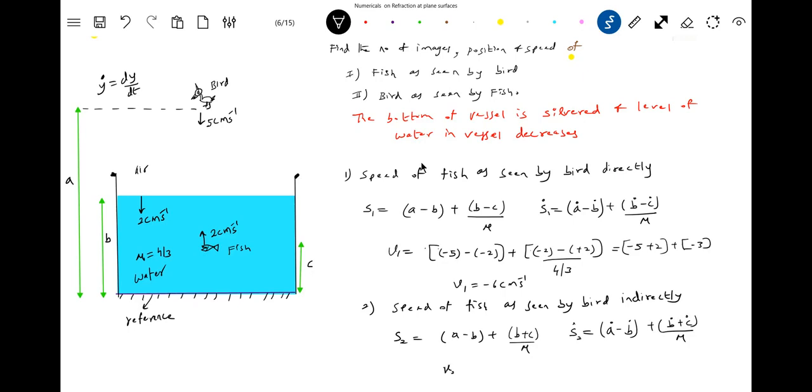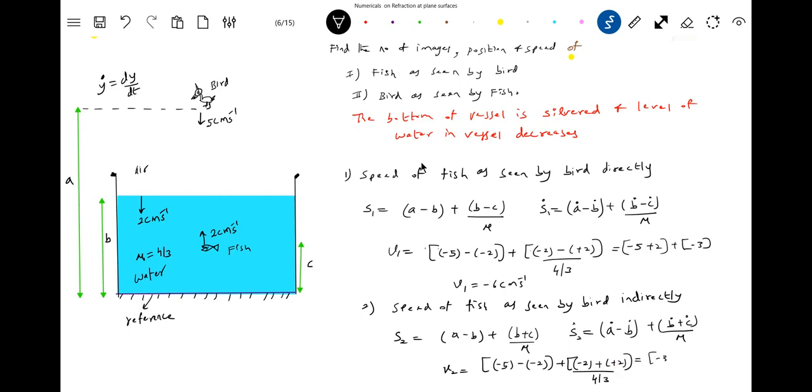Okay, this will be V2 equal to dA by dt minus 5, dB by dt minus 2, dB by dt minus 2, dC by dt plus 2, 4 by 3.